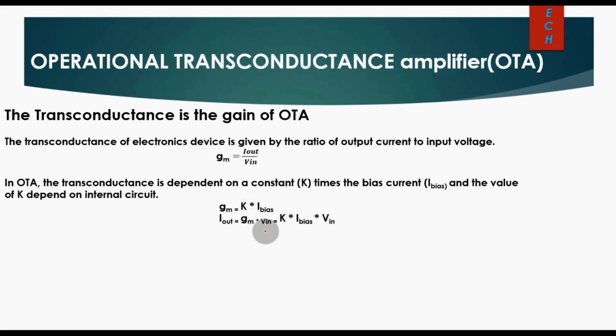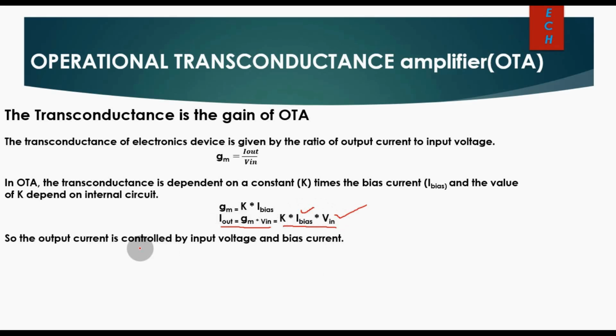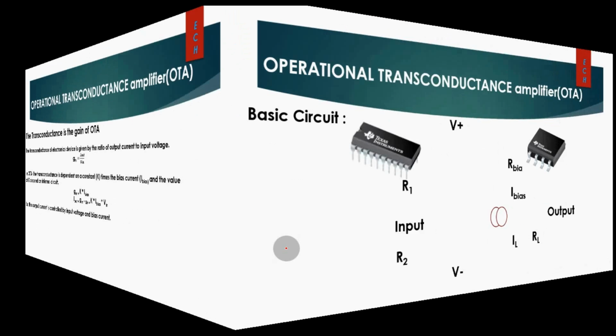So the output current is controlled by the input voltage and the bias current.